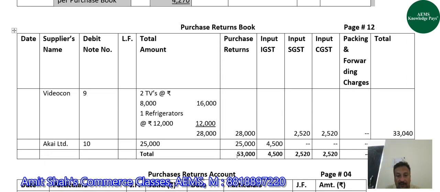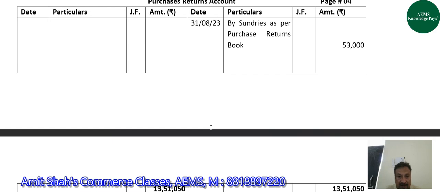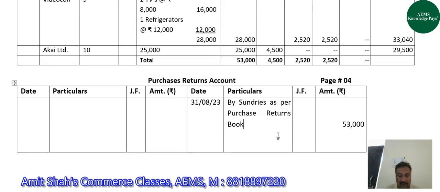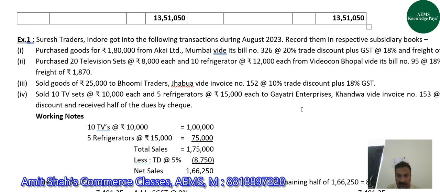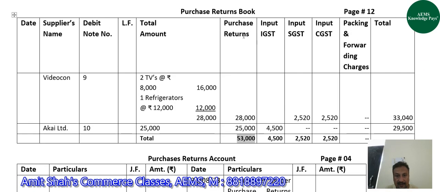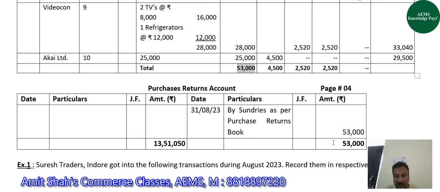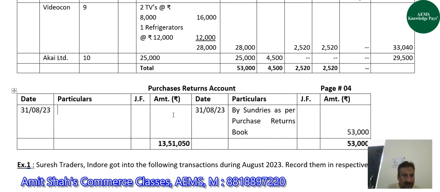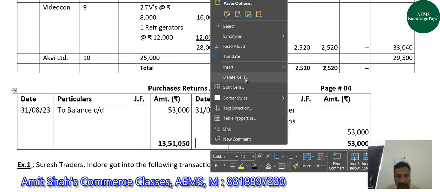Now purchase return book. This we have already closed and its totals have been transferred to their respective accounts. So after that, purchase return account. The total is 53,000, which is coming from the purchase return book, that is from here. This only would be the balance at the end of August month, 53,000, and we do not require the line of total here, guys.